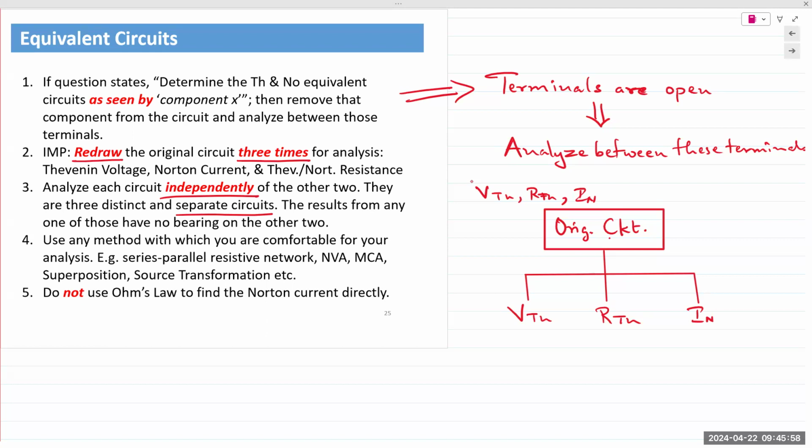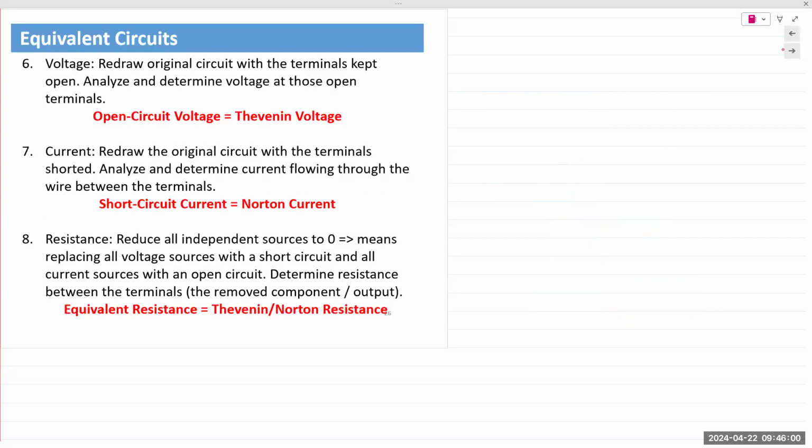So how do we do that? Well, for voltage, you redraw the circuit with your terminals open, and you simply analyze the circuit and determine the voltage at those open terminals. So let's say we had that large circuit, whatever that circuit might be.